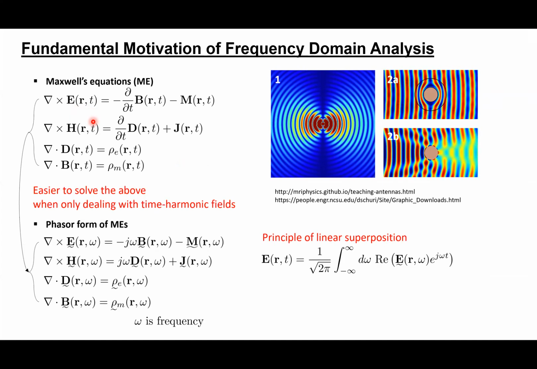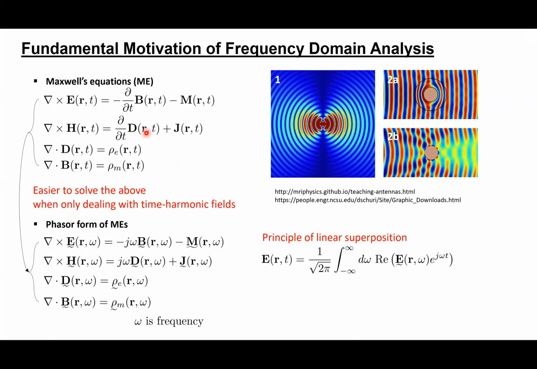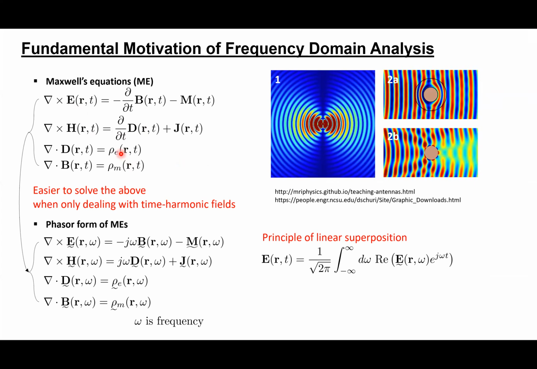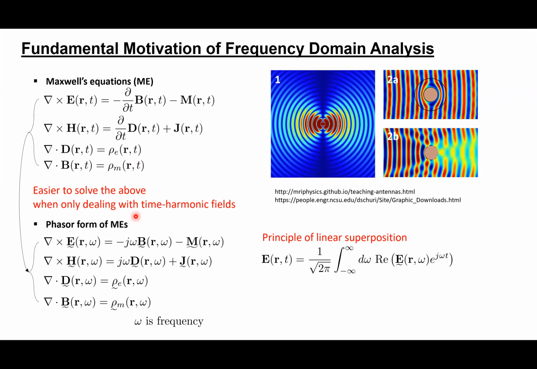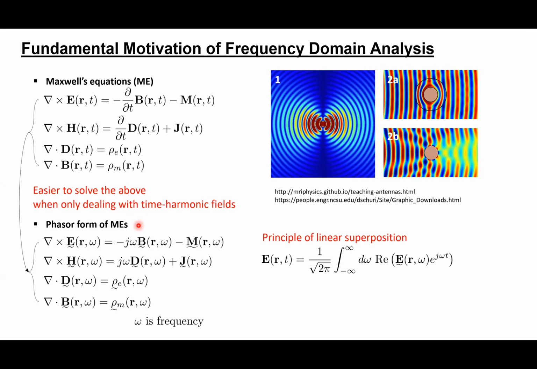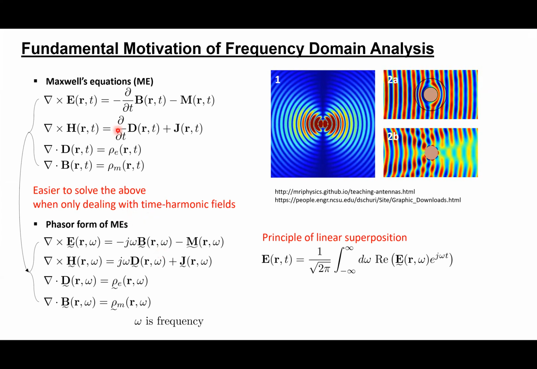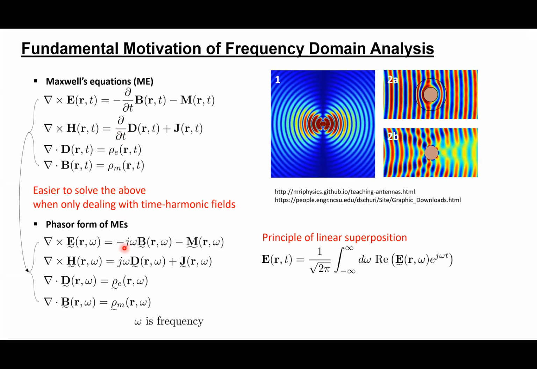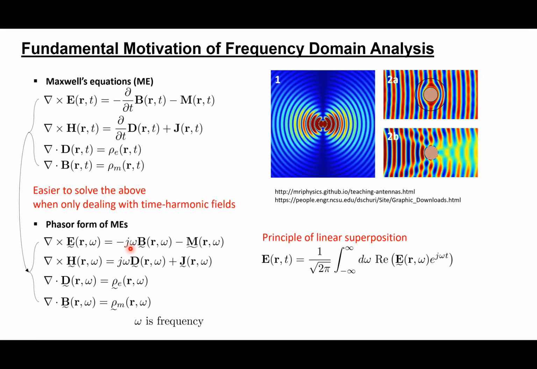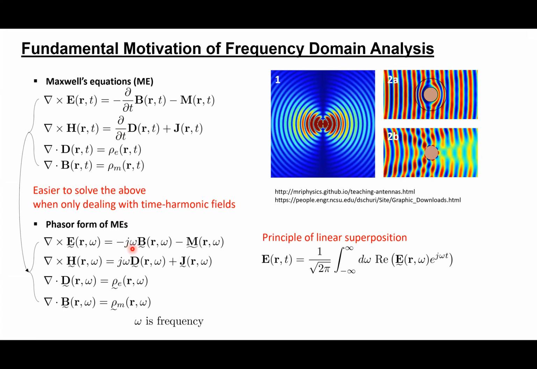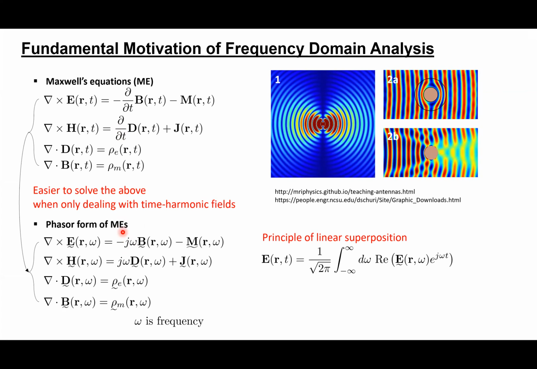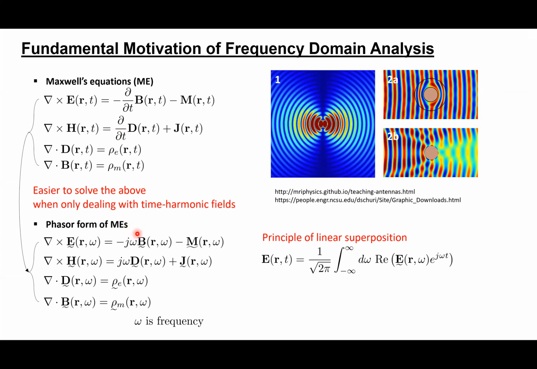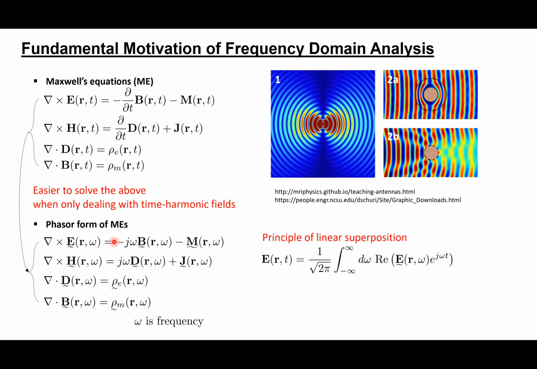So what we can do actually is that instead of working in the time domain, we move to the frequency domain, and then the time derivative partial t can be replaced by just a multiplicative factor j omega, where omega is the frequency. So this is called the phasor form of Maxwell's equations. What we are going to do today is to derive this phasor form of Maxwell's equations.